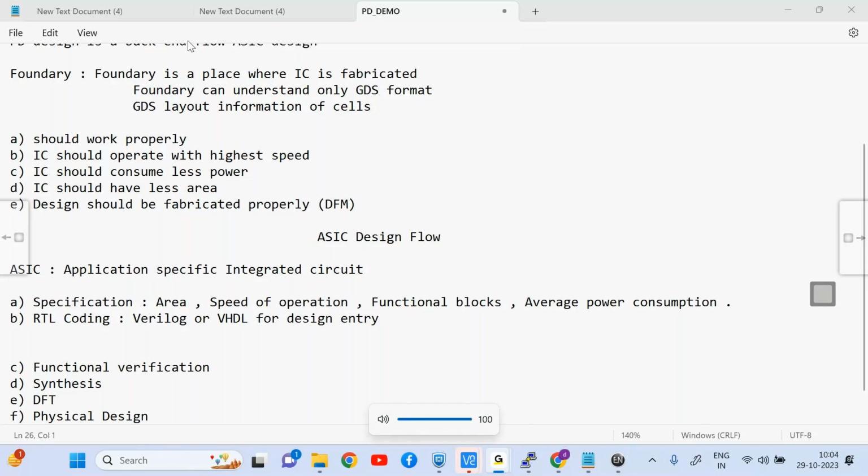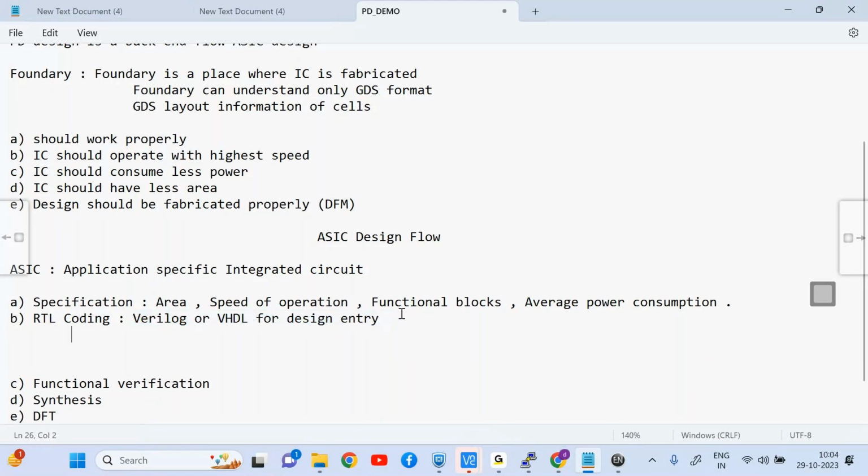Okay. So we can enter the design easily through Verilog or VHDL. The advantage of using Verilog or VHDL is we can describe the circuit based on behavior.